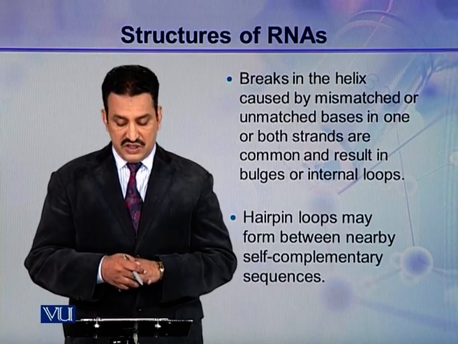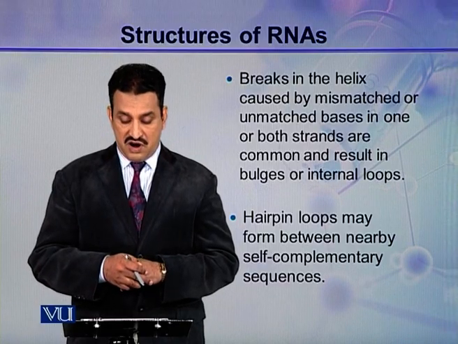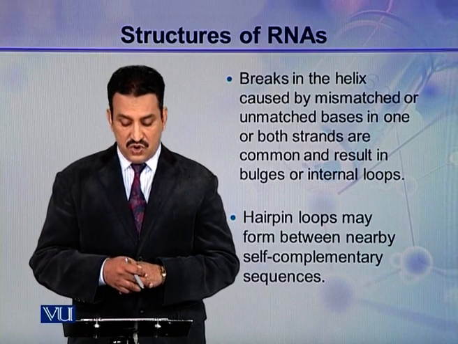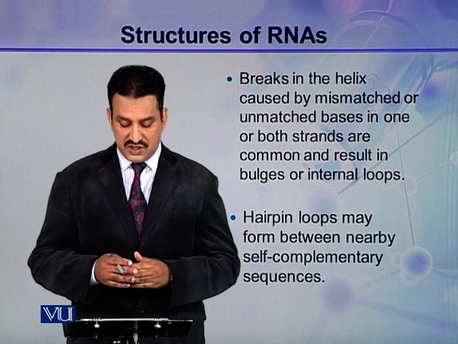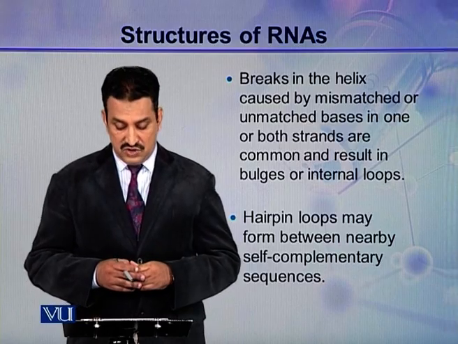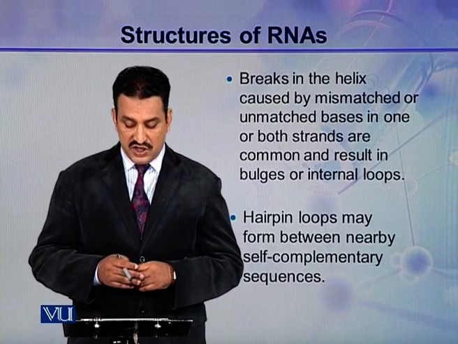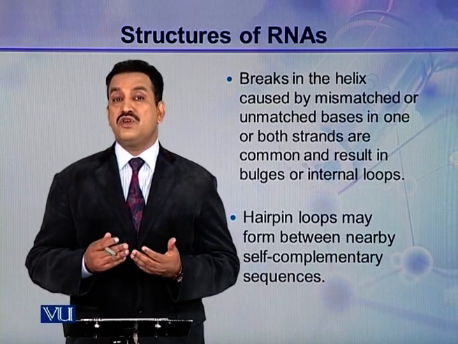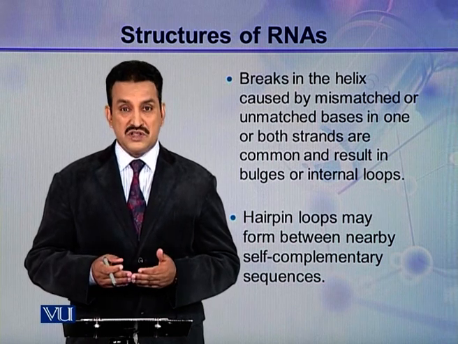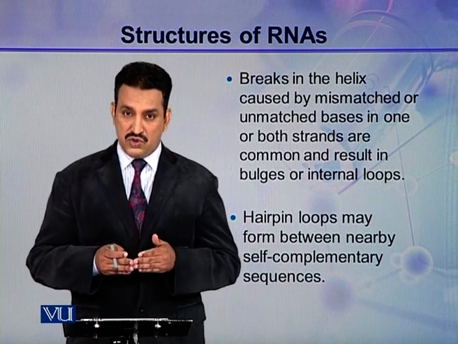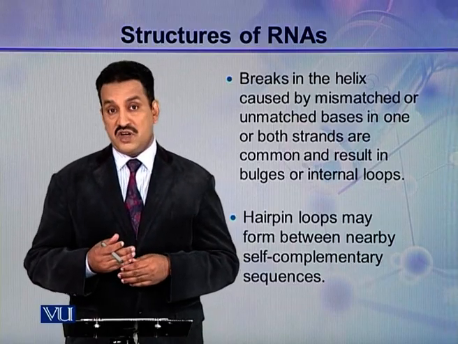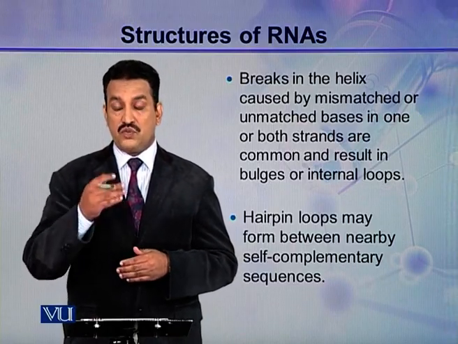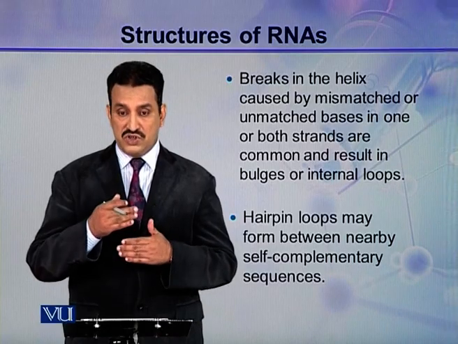Breaks in the helix caused by mismatched or unmatched bases in one or both strands are common, and these breaks result in bulges or internal loops. It means in an RNA molecule, there are complementary regions, but there are also breaks where one strand is not complementary to the other.